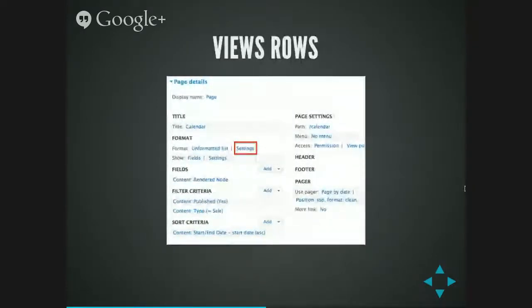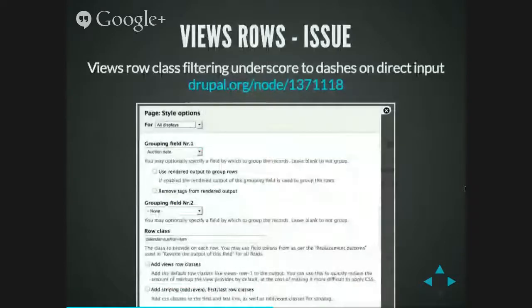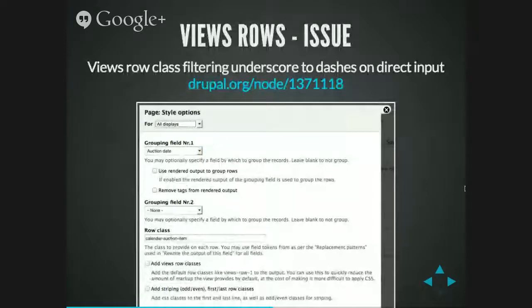And you can put classes on the views row. So that was the field, and then the row of the fields. In this case, it's an unformatted list. If you click settings, you'll see something like this. But watch out, there's this bug/feature: if you put a class on that row, it will convert underscores to dashes, which totally screws up that syntax.